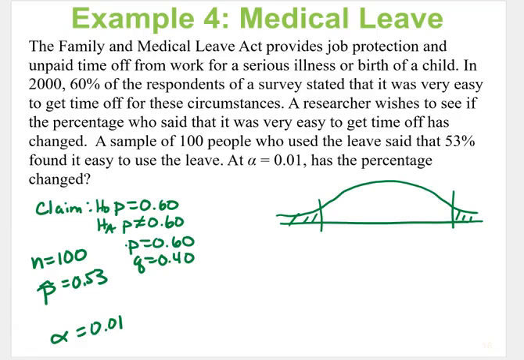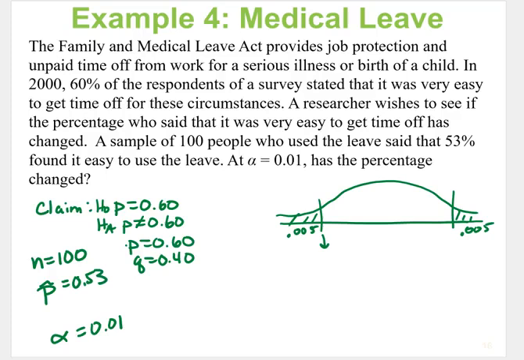So if your alpha is 0.01, should we use the p-value or the critical value method? Let's do the critical value method this time. Since alpha is 0.01, this is 0.5%, so 0.005, and this is also 0.005.